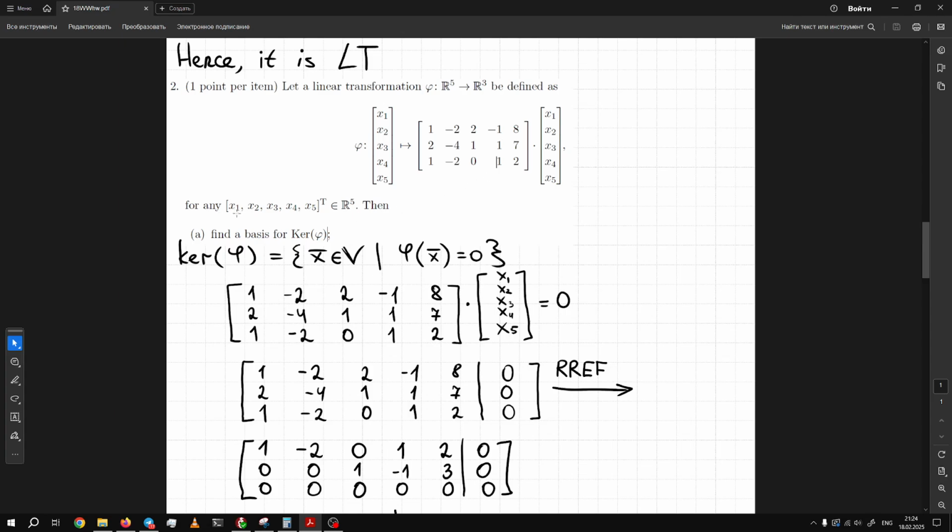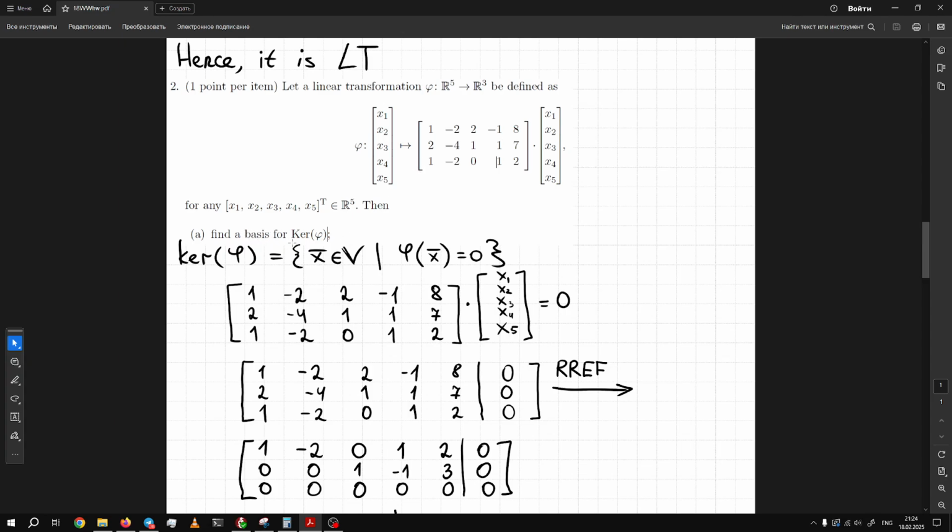For any vector, this is a row, and this means that it is a column, you know. This vector belongs to R5. Then find the basis for kernel phi.